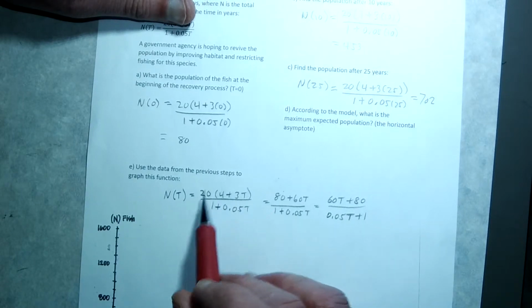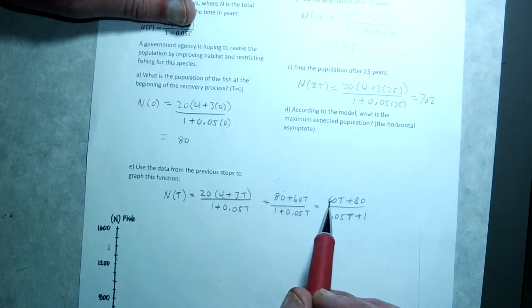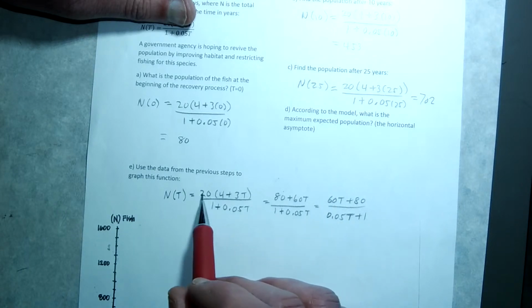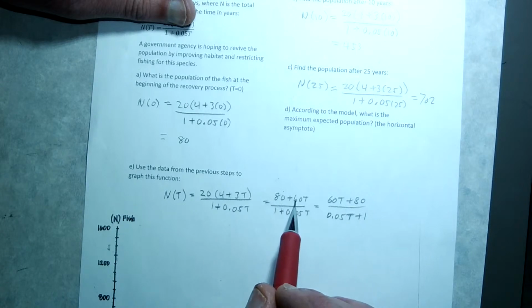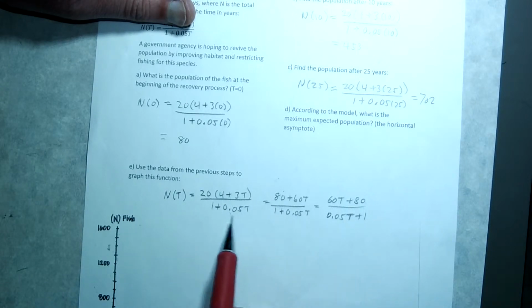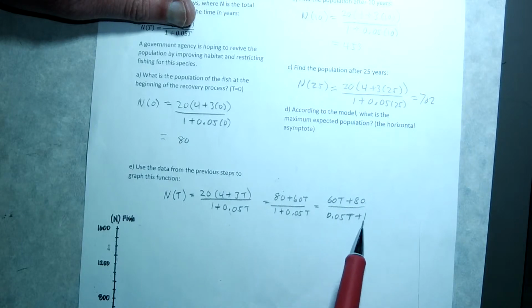Originally it looked like this, and I'm going to turn it around so I have my variable term first. And so I multiplied and I got 80 plus 60t, and then I turned it around to be 60t plus 80, and I turned the bottom around to be 0.05t plus 1.